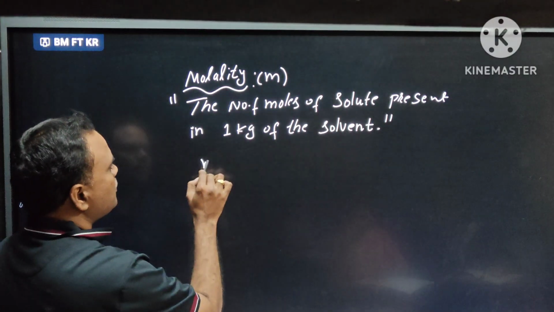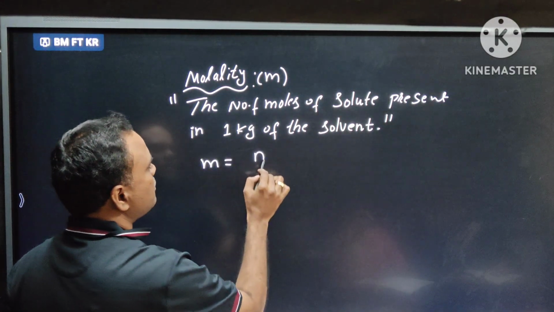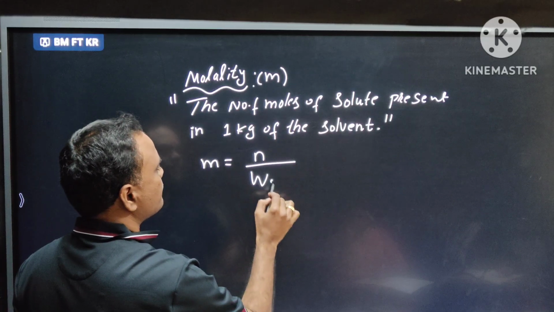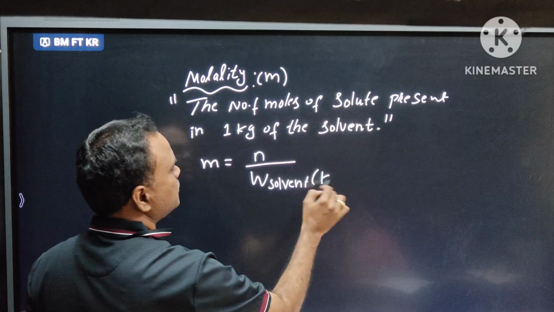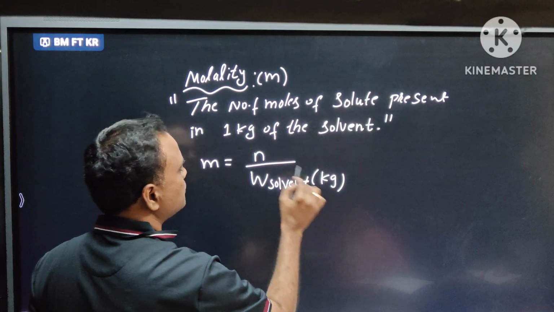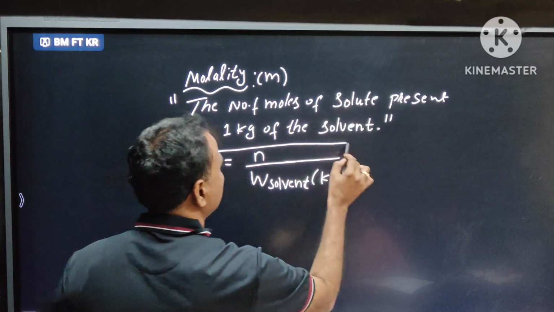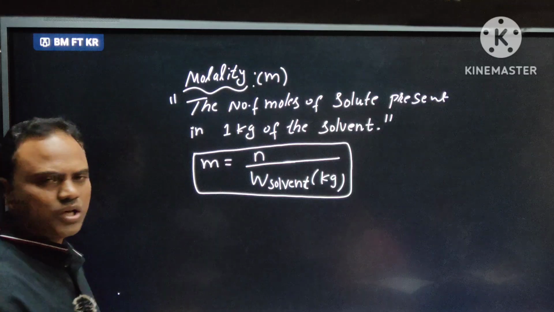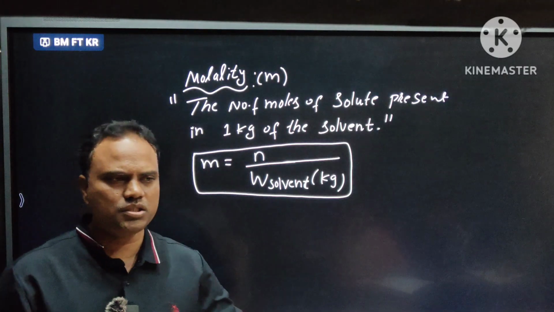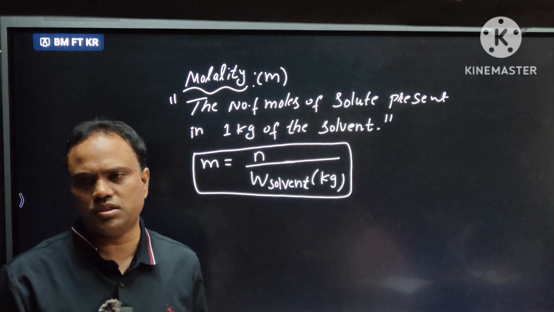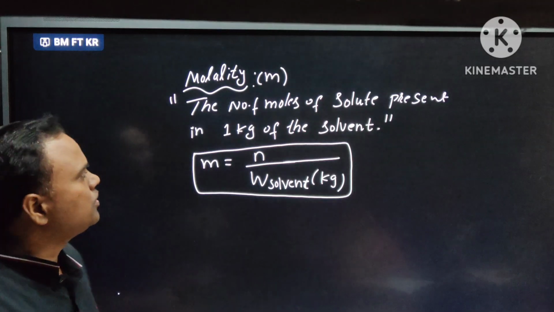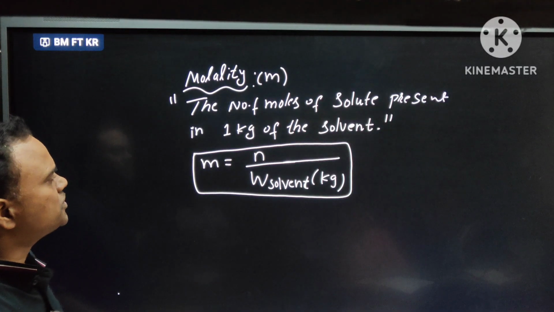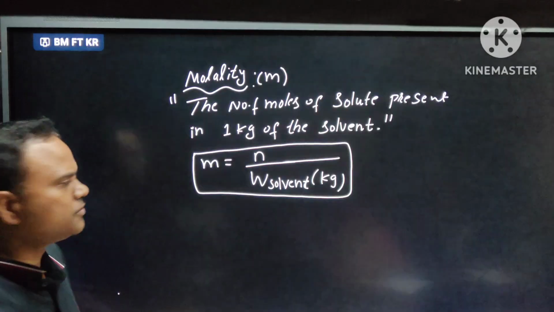Molality is equal to number of moles by weight of solvent in kilogram. In the molality definition, the term is solvent, not solution. Number of moles of solute present in 1 kg of the solvent.